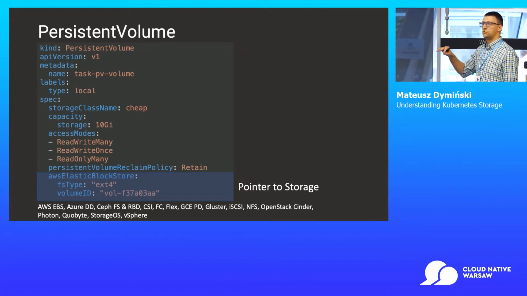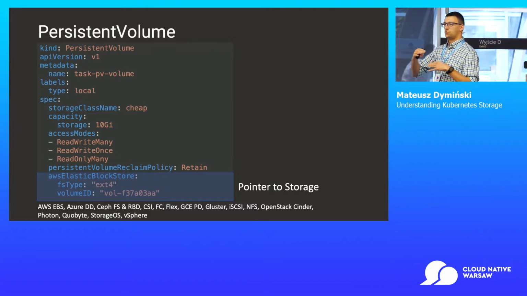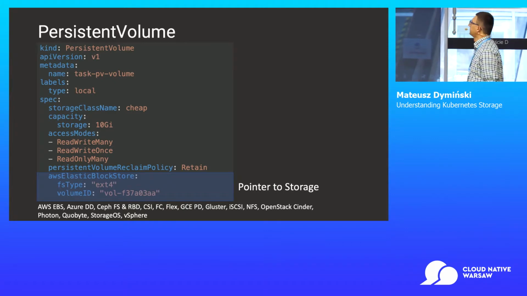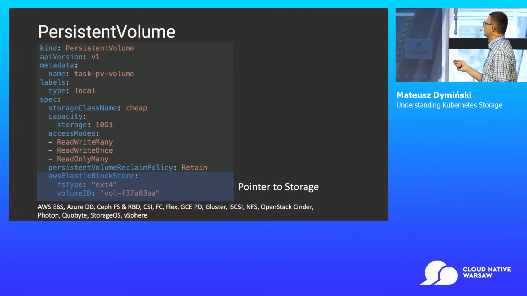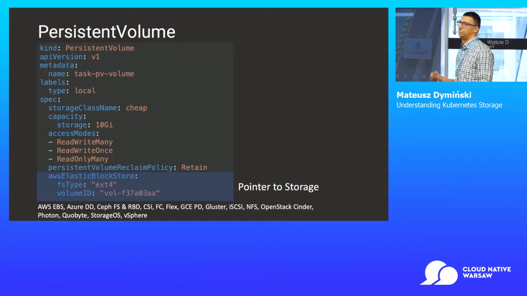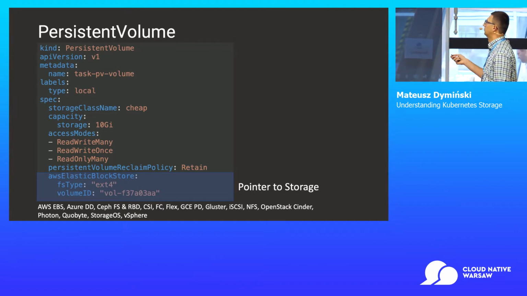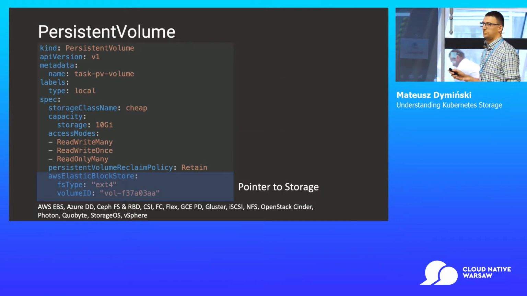So now there is a kind of abstraction between the persistent volume and the pod, and because of that, we can have this portability of workloads. And of course, all those other remote providers are also possible to put the data here. So this is how it works in a very, very primitive way.